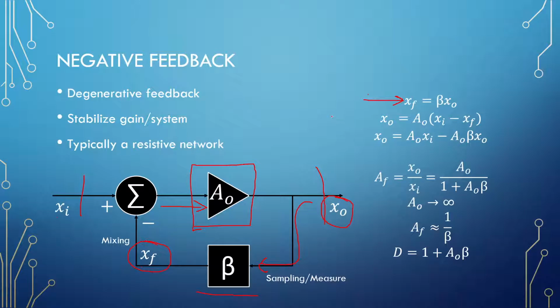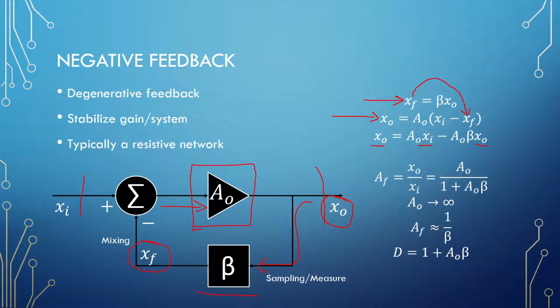So that is our second equation. X out is A0 times (X in minus XF). So then we can plug this XF into that position right there, and we are left with X outs, X ins, and X out.